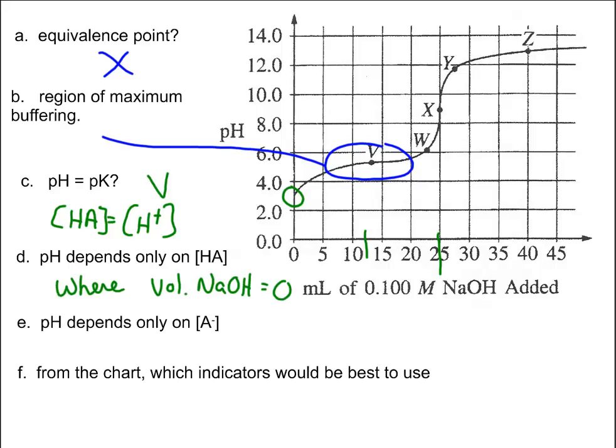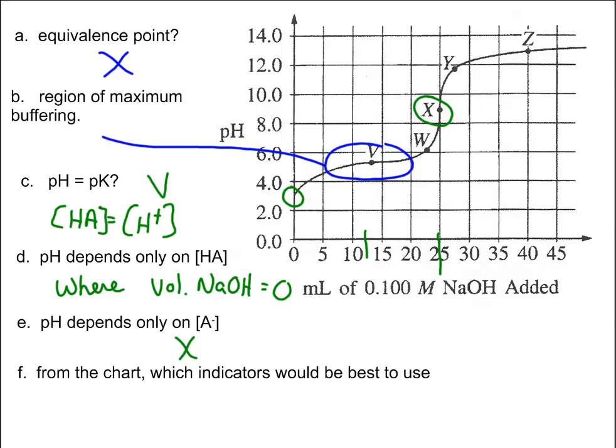Where does the pH depend only on the anion? Since we're titrating a weak acid, the anion from the weak acid, as it's produced, reacts with water. So the place where the pH depends only on the concentration of the anion is, again, at the equivalence point, so that would be position X.